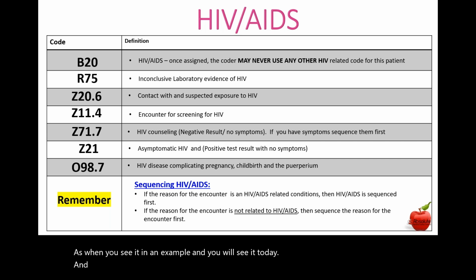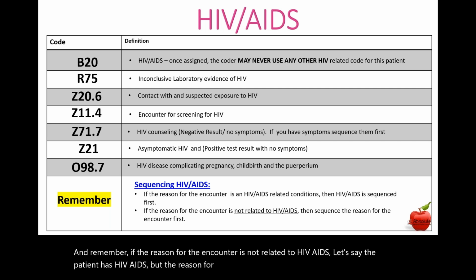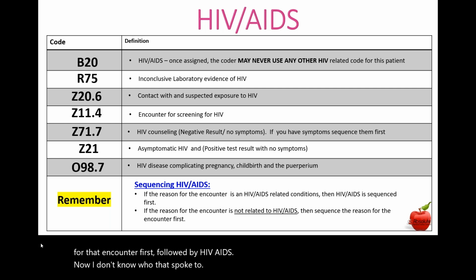And remember, if the reason for the encounter is not related to HIV/AIDS, let's say the patient has HIV/AIDS, but the reason for the encounter is not related, then you're going to sequence for that encounter first, followed by HIV/AIDS.